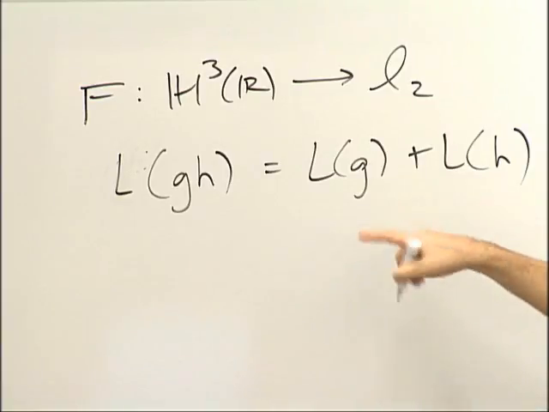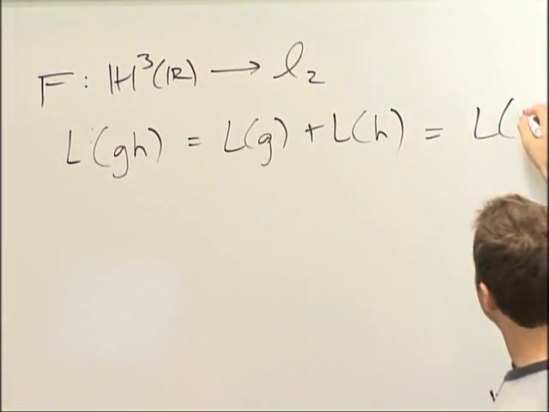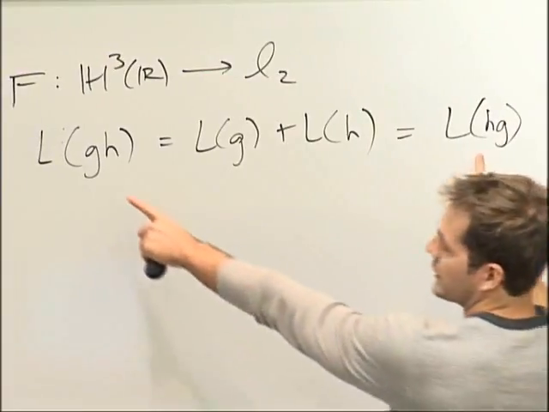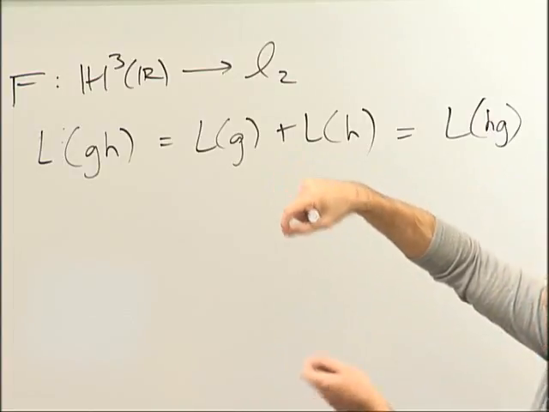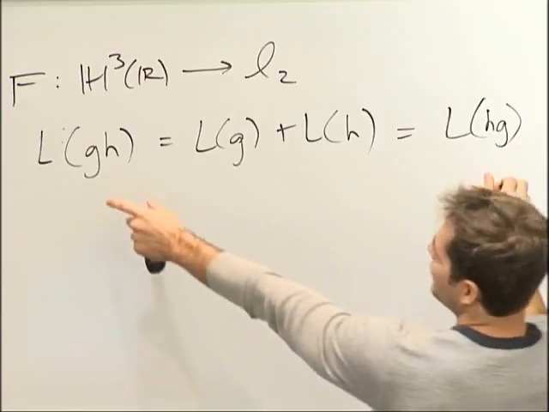So here's something that follows from having a group homomorphism from H3 into L2. It implies in particular that L of GH equals L of HG, right? But these 2 points are different in the Heisenberg group. If you take any pair of elements that don't commute, these 2 points are different.